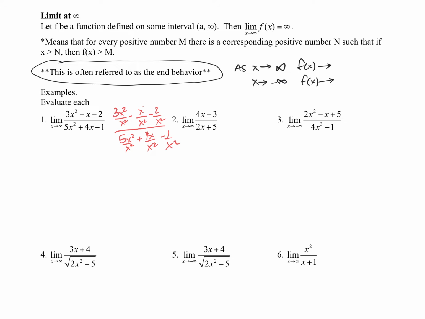And then you're told that these will all go to 0 because of the definition that we had covered before, where 1 over a very big number goes to 0. So that's how those will end up. Over here, these will reduce out, and you end up with 3/5 as the answer for the limit.